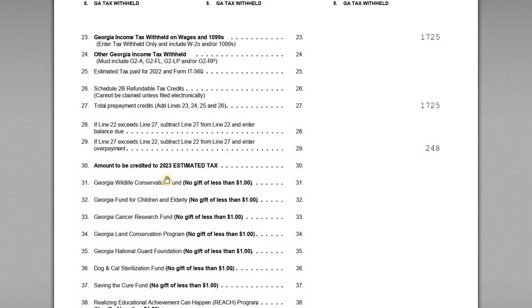So now line 29 here, so the amount of taxes withheld exceeds our taxes owed, right? So if line 27, $1,725, exceeds line 22, which it does, subtract 22 from line 27 and enter the overpayment. So this $248 is the amount of overpayment, and this is her refund.